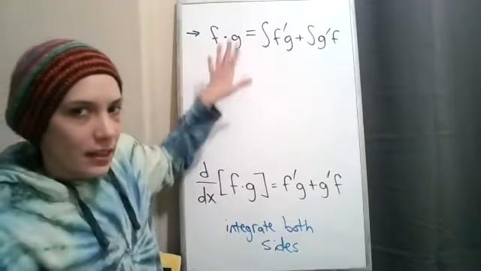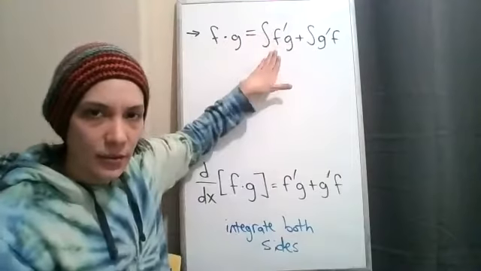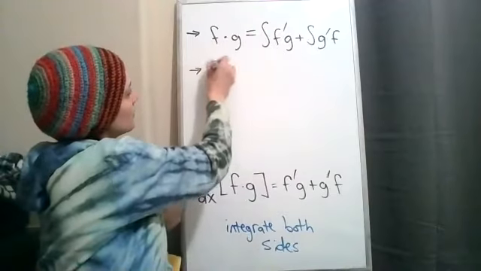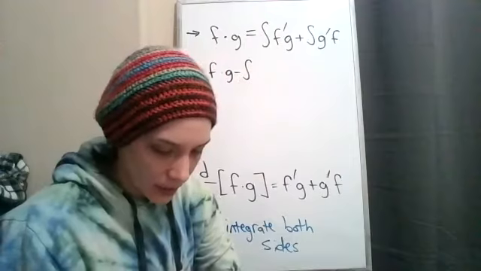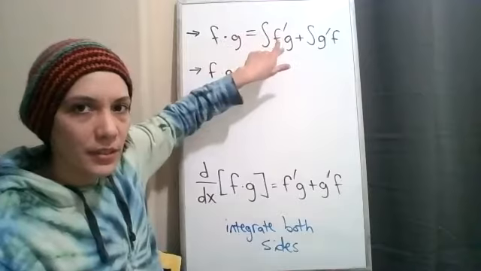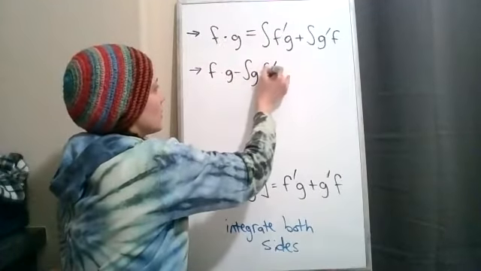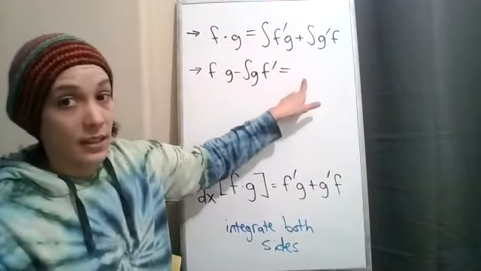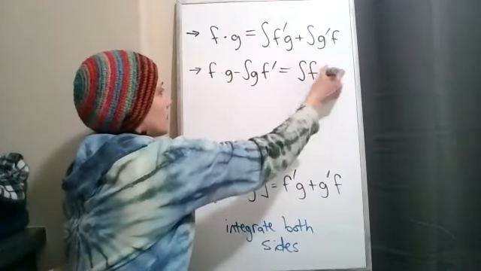I think I want to subtract this integral from both sides. The integral of g times f prime. It's going to flip this around though. And this integral is still sitting here. I'm just going to write the integral of f times g prime.